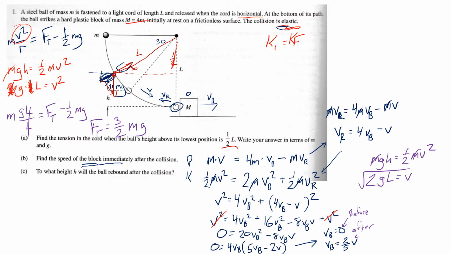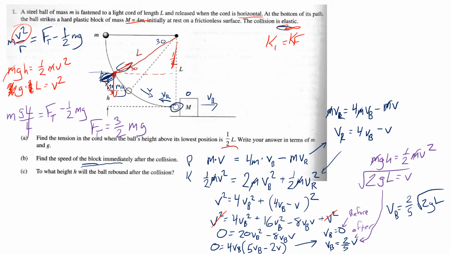What we're going to do is plug that in for here. So that means the velocity of the block right after it collided was going to equal 2/5 times the square root of 2 times g times L. All right, whatever those measurements are. Nice. And that's it for part B.